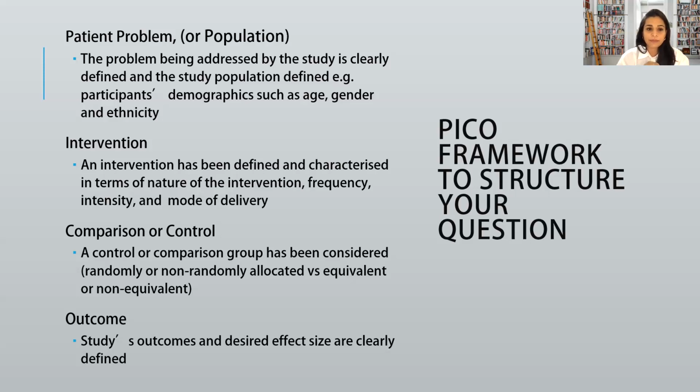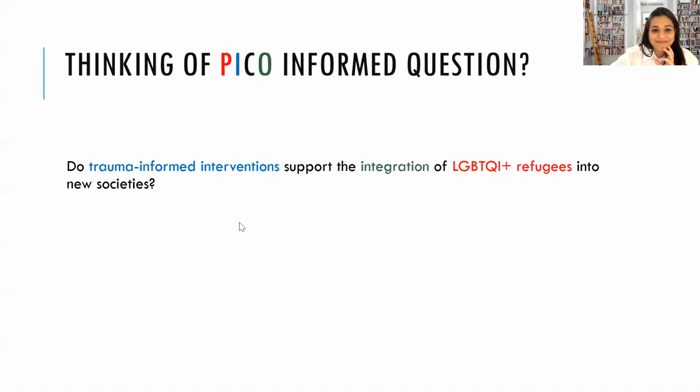We have attempted to provide a sample question that uses this PICO, but it might not be the classical example. Assuming that you are intending to undertake a systematic review and you want to craft your research question around this framework, you could do something like this. You want to know whether trauma-informed interventions, for example, support the integration of LGBTQI plus refugees.